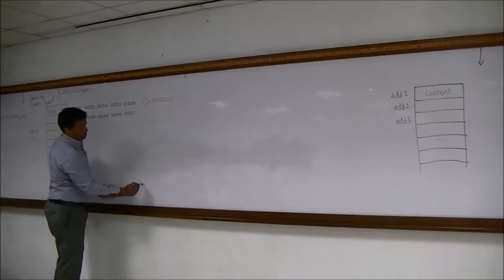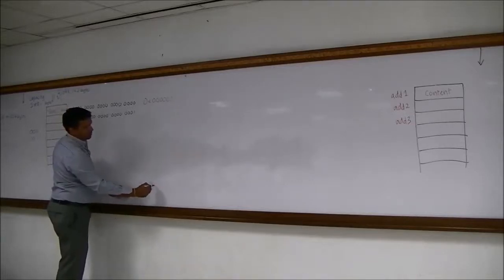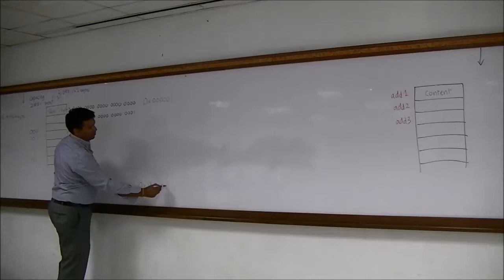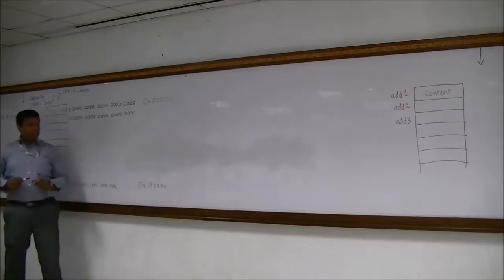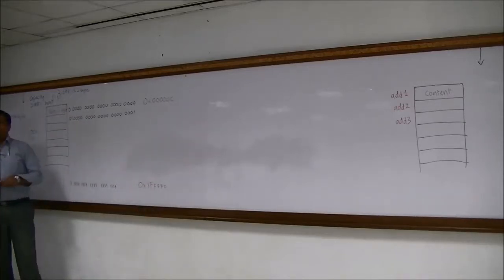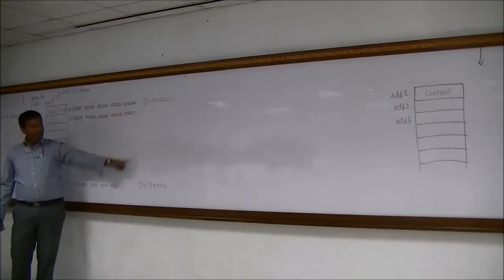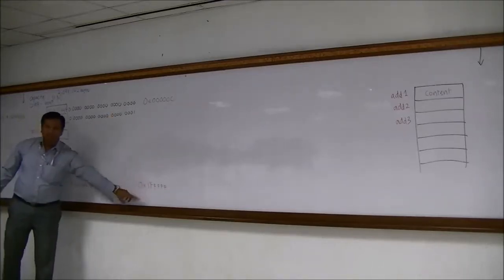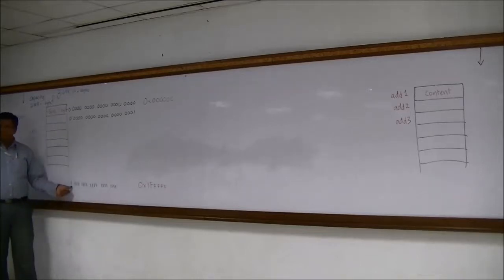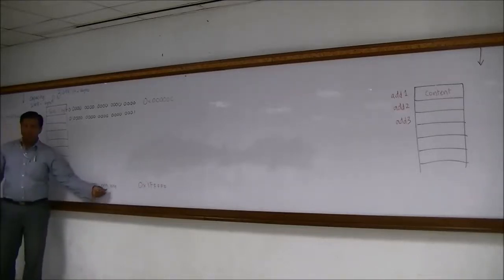And the maximum becomes 1FFFFF. So this is the range of the address, from hex 000000 until 1FFFFF. Why does this become 1FFFFF? Because of this one.